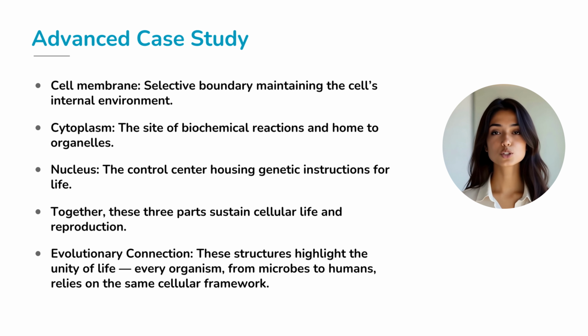Together, they ensure the cell's survival, growth, and reproduction. What's truly incredible is that this same framework exists in every living organism, whether it's a microbe, a plant, or a human. This unity of life reflects how evolution has perfected the cellular design over billions of years.